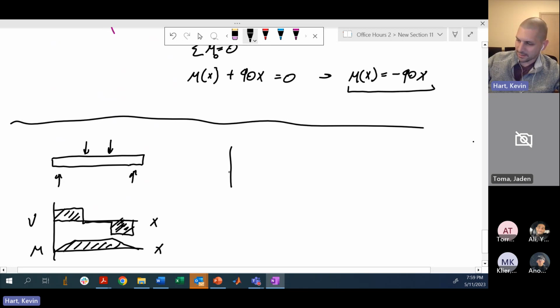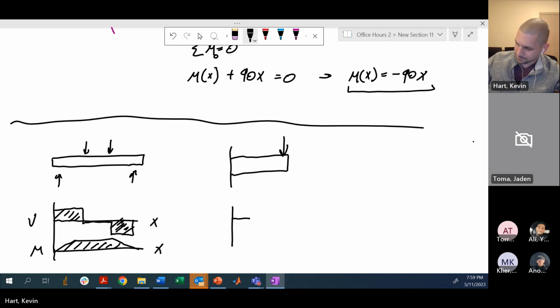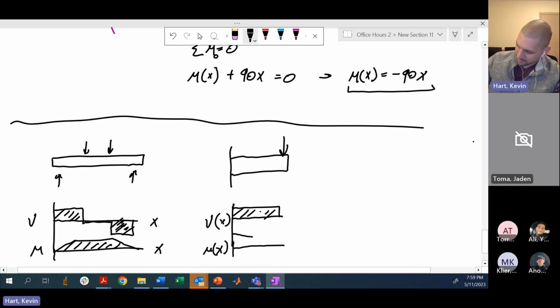You might have a cantilever. This is a common situation as well. Your shear is consistent in the cross section. It's a constant value. And your moment is maximum at the fixed end and goes to 0 at the far end.